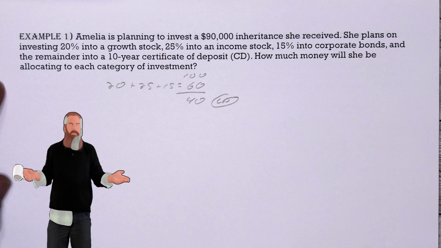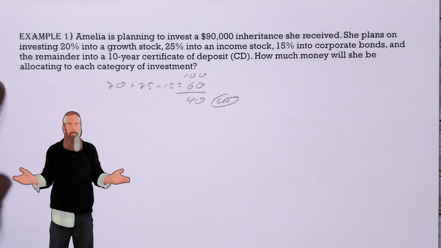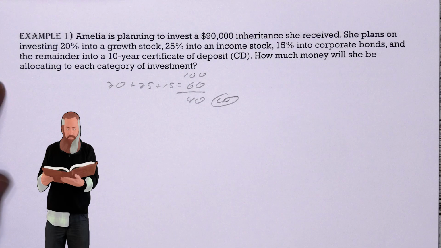Convert the percentages into decimals and multiply to find the amount into each investment.